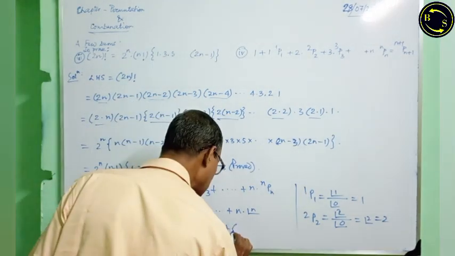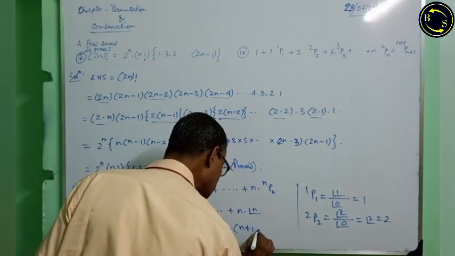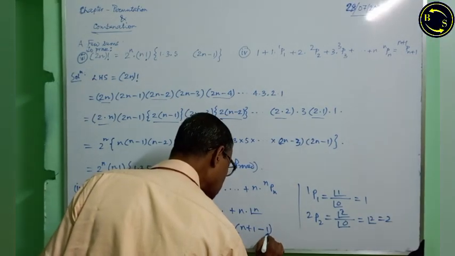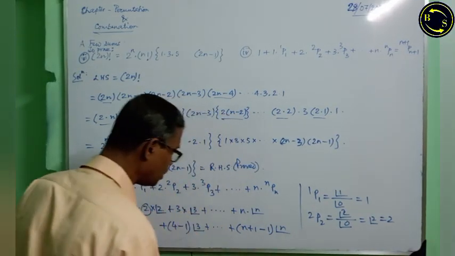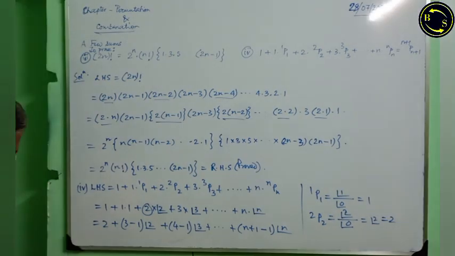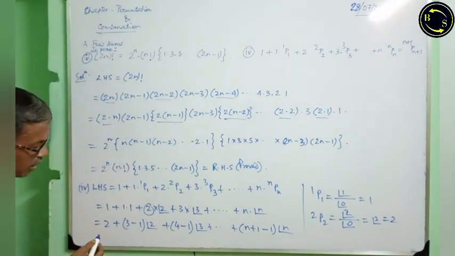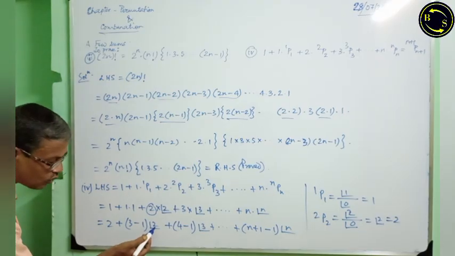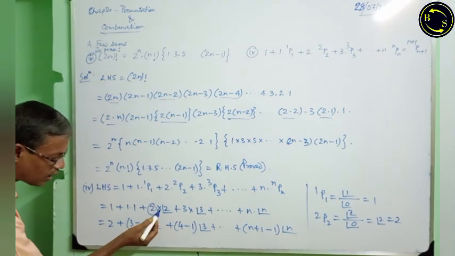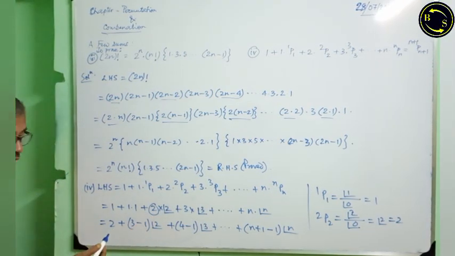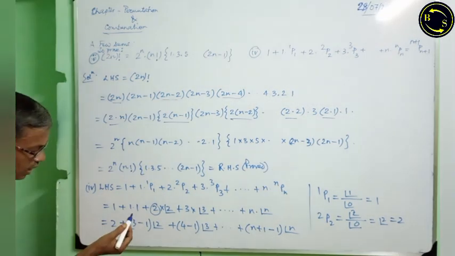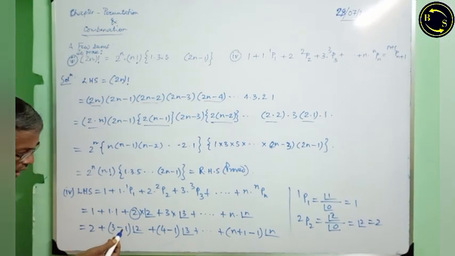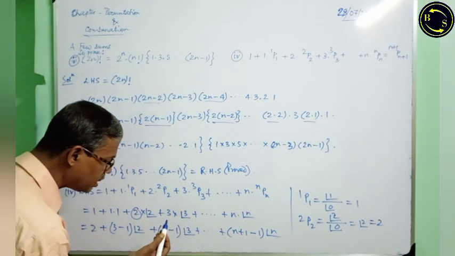And this one as n plus 1 minus 1 into factorial n. Now you may ask why we are writing like this. Actually here factorial 2 is there. Now if I multiply it with 3, then we shall get factorial 3. Again factorial 3 is there.